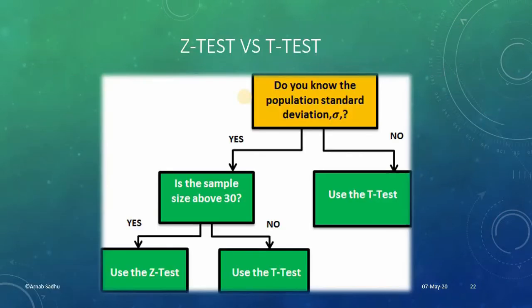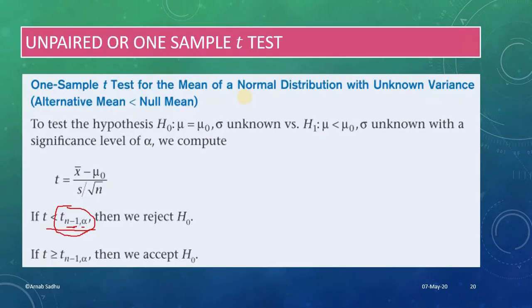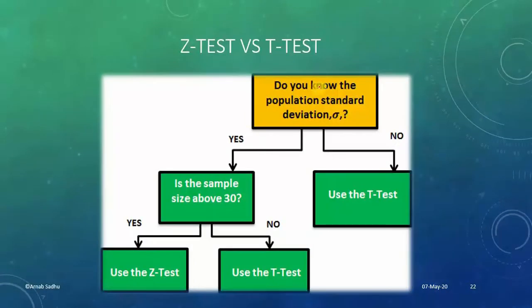A critical question that would come to mind is where to use the z-test and where to use the t-test, because the formula is almost the same; the change is S and sigma. In the z-test, we had sigma in place of S. The theory says that when you know the population standard deviation, you go for the z-test. But if you do not know the population standard deviation, and rather know the sample standard deviation, you go for the t-test.